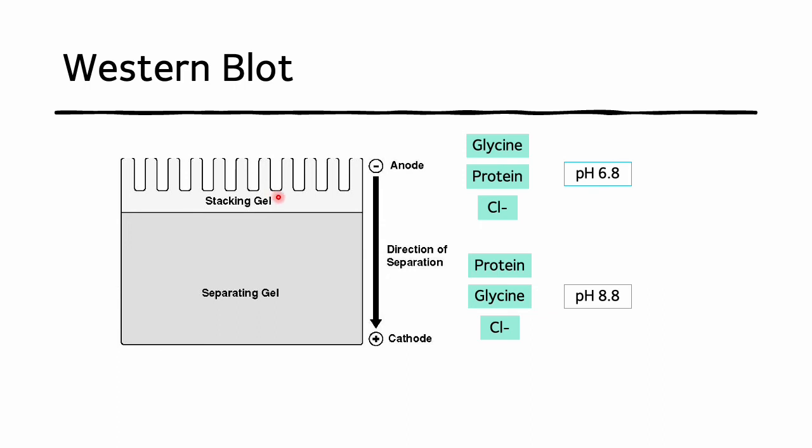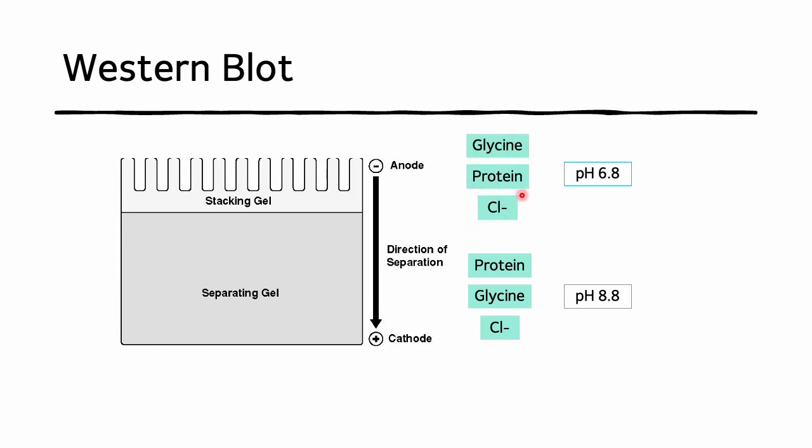So in stacking gel, whose pH is 6.8, glycine is much more negative due to the fact that amino acid is a zwitterion. It comes here. So the protein is packed between glycine and Cl minus.